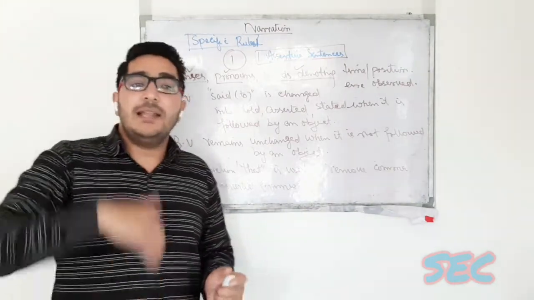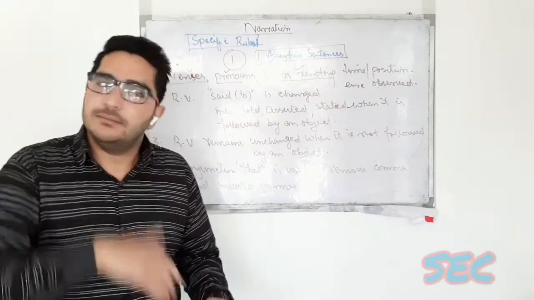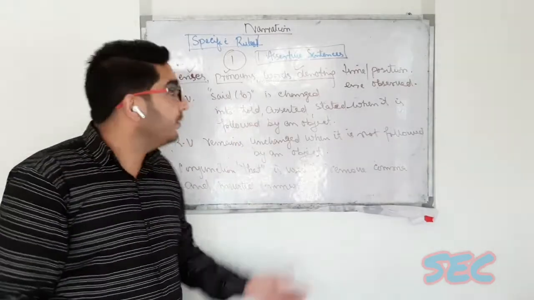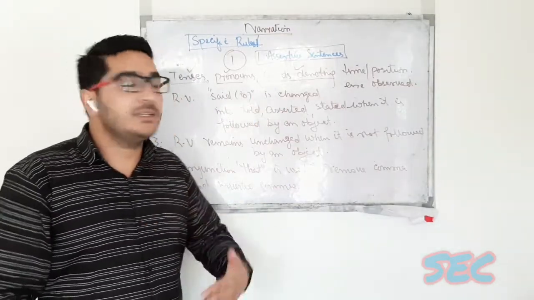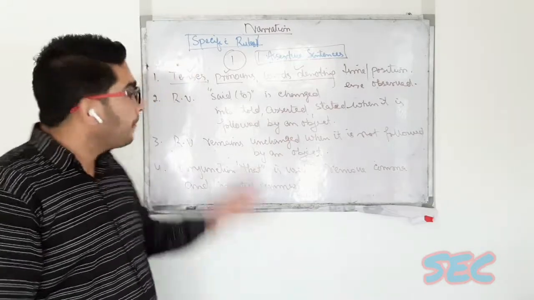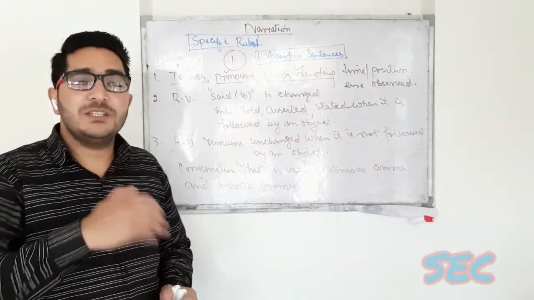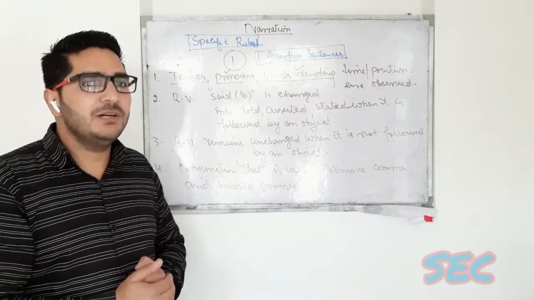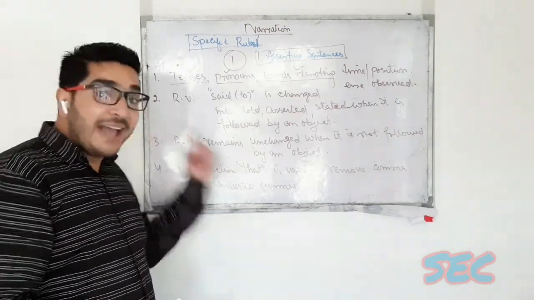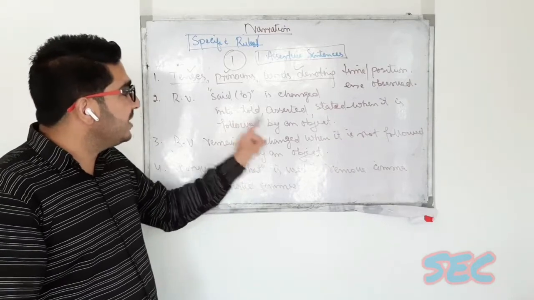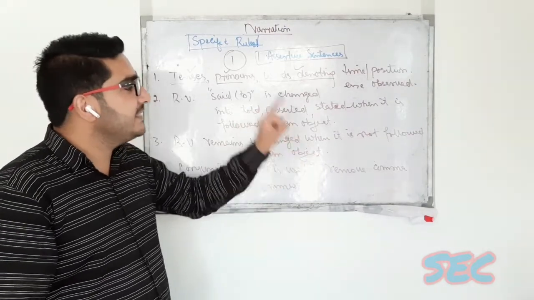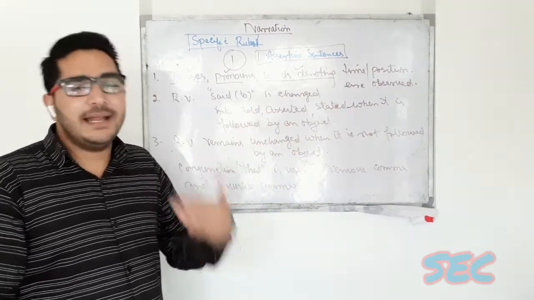First rule is that we change tenses, which we have done, we change pronouns, we change words denoting nearness, words denoting time and position. Second rule is if a reporting verb is followed by an object, at that time the reporting verb is changed into told, asserted, stated.